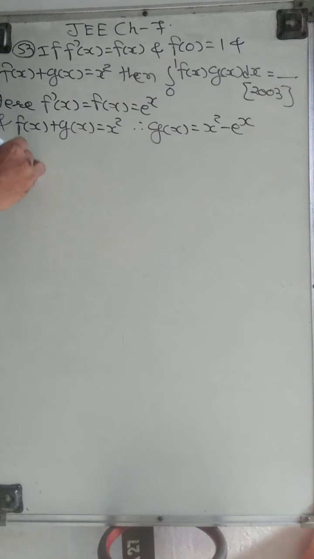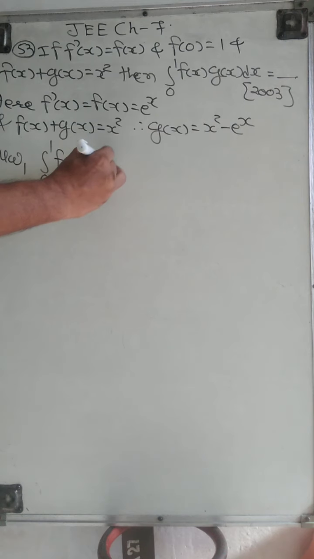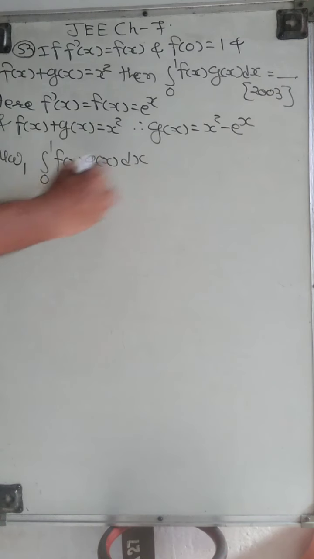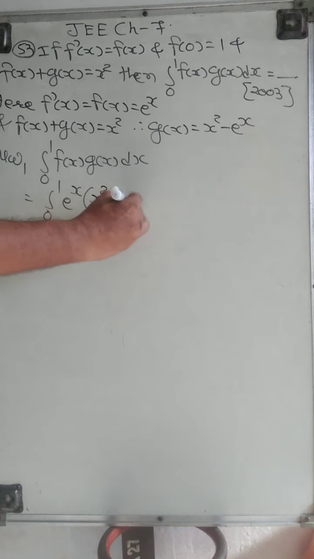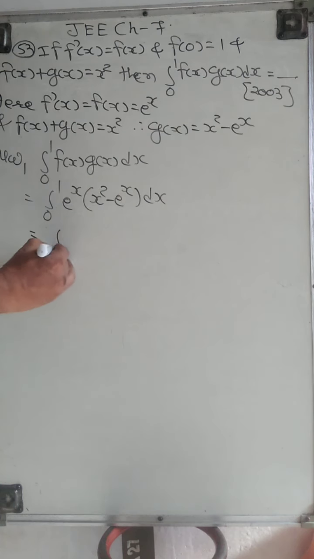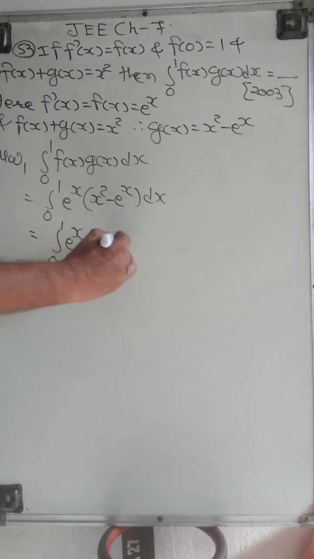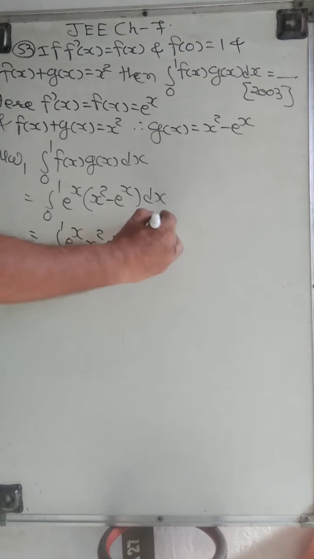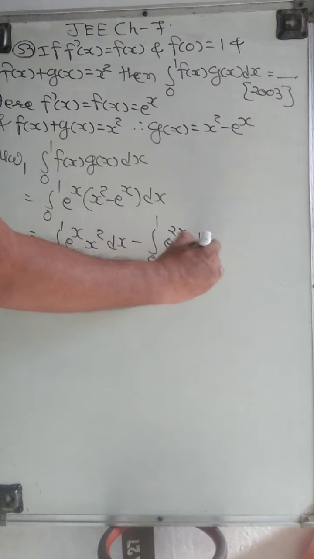Now we put integration 0 to 1 f(x) g(x) dx is equal to integration 0 to 1 e raised to x, then x square minus e raised to x, and dx. Now we just multiply and separate: integration 0 to 1 e raised to x, x square dx minus integration 0 to 1 e raised to 2x dx.